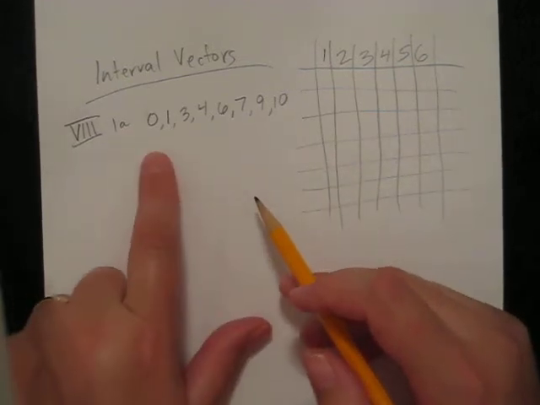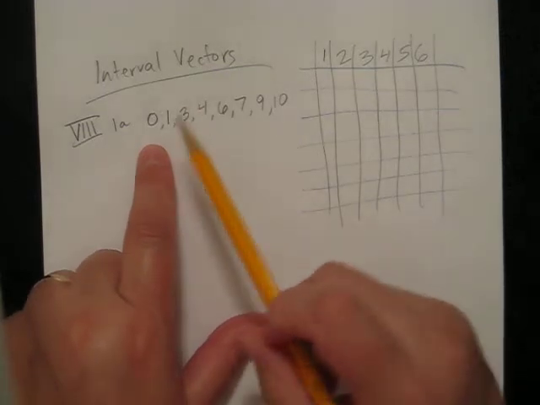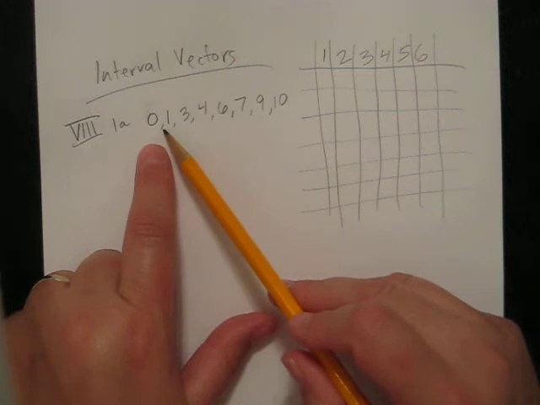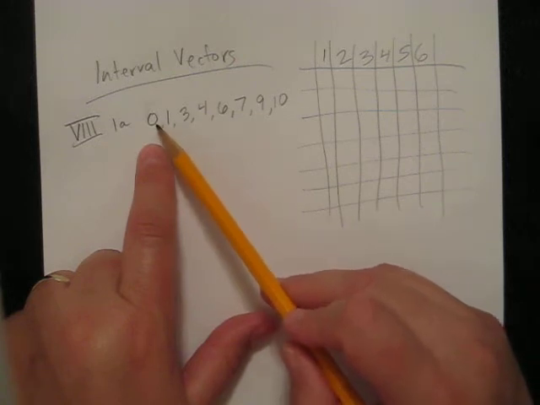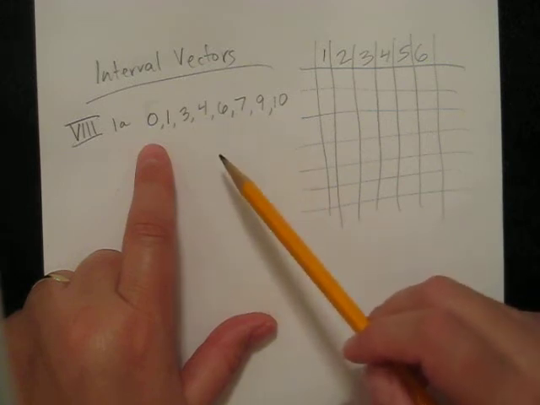Okay, what we want to do to find out the interval vector of a collection of pitches, we're going to take our group of pitches and figure out how many times each interval class is present within this collection.